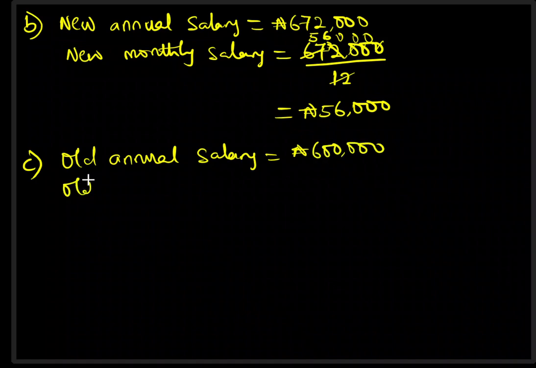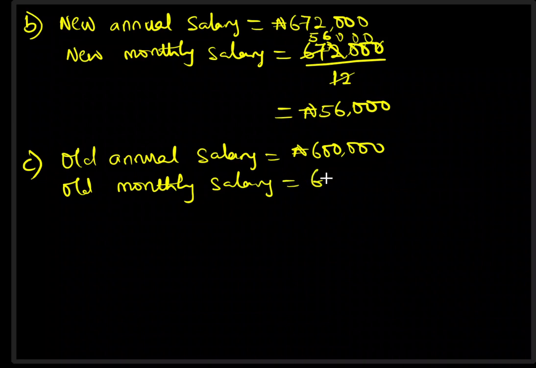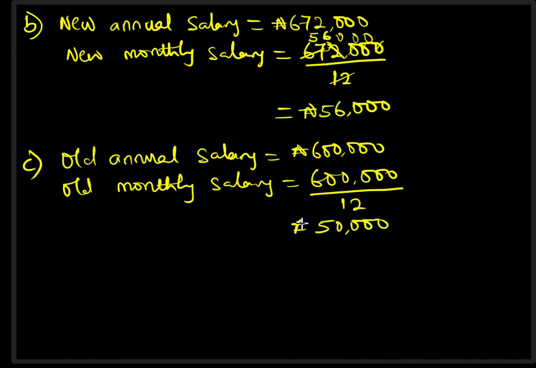So the old monthly salary is equal to 600,000 all over 12, and that will give us 50,000 naira. So that is the old monthly salary.